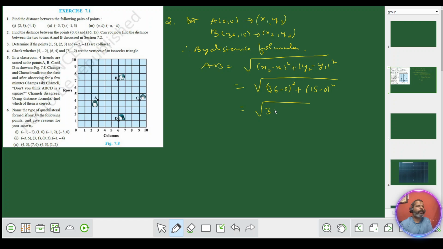So square root of 36 square plus 15 square, right? What is 36 square? You just multiply here and get the answer, which comes to 1296. And 15 square, as you know already, is 225.